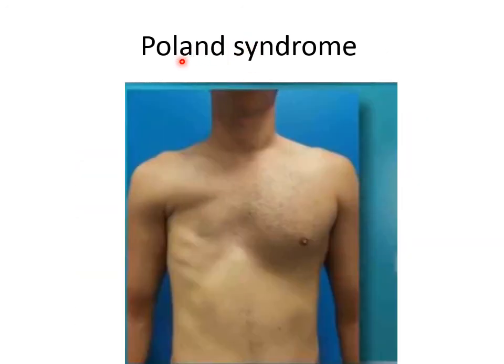This is Poland syndrome. In Poland syndrome, the pectoralis minor and part of the pectoralis major are missing on the patient's right side, and the nipple is also absent.